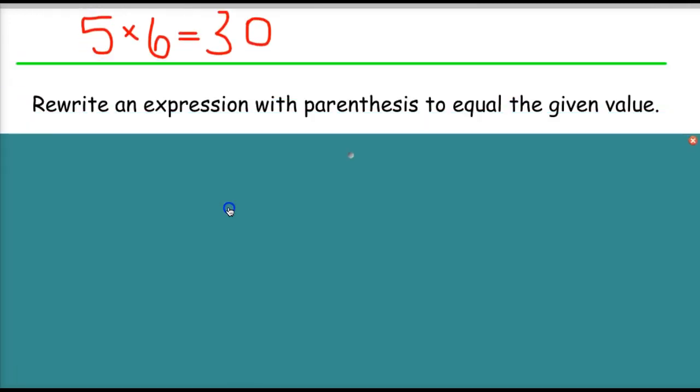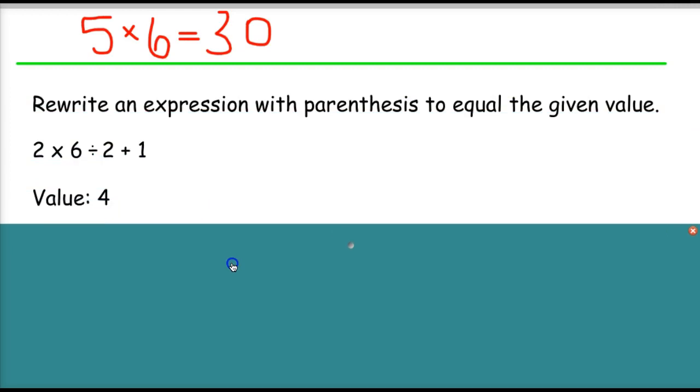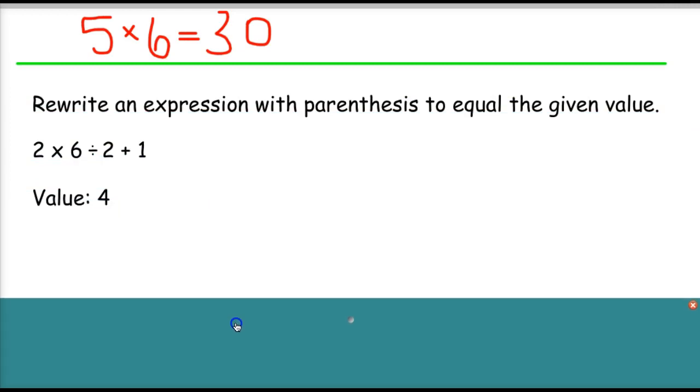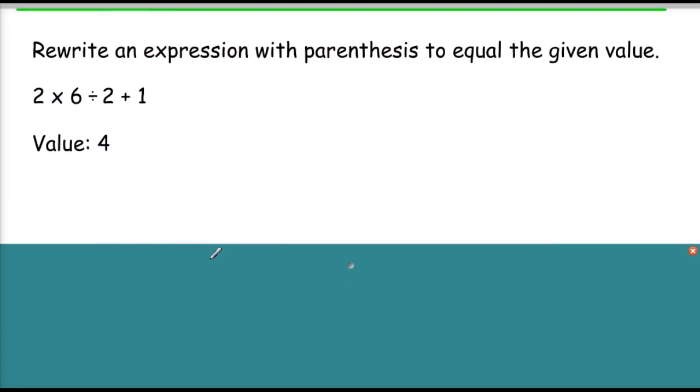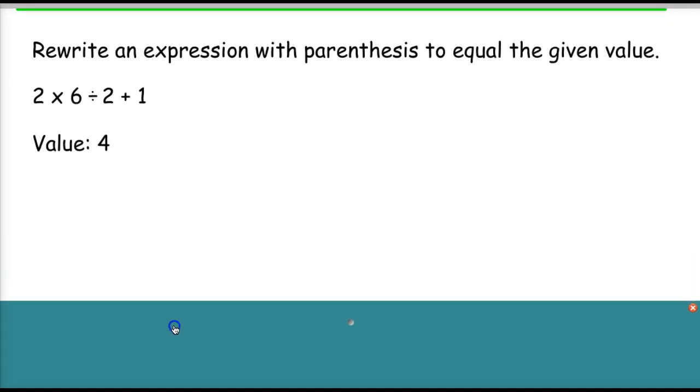All right, so last but not least, so you know how to evaluate numeric expressions using order of operations, but I also need you to understand how to rewrite an expression with parentheses to equal the given value. So say I have the value of 4.